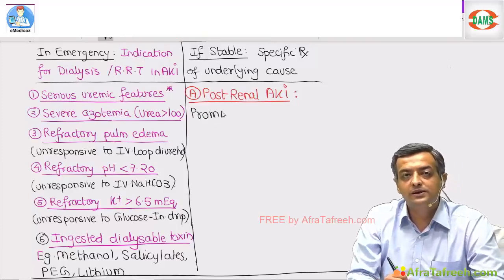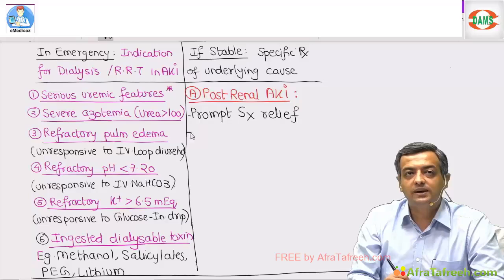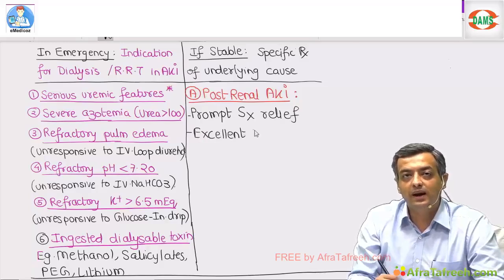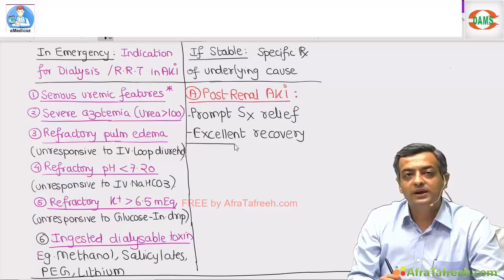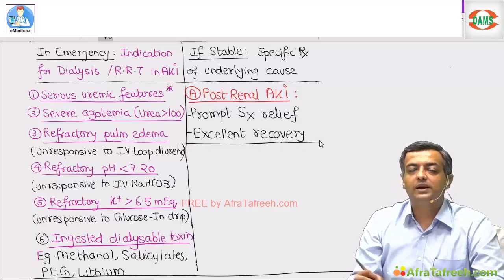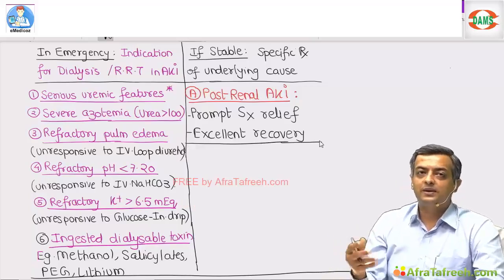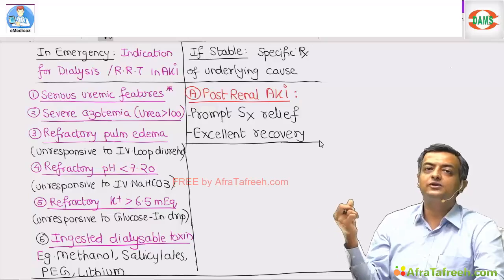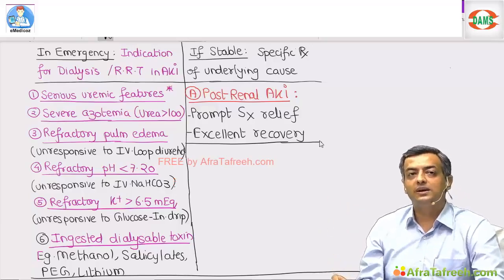Prompt surgical relief of obstruction, which is associated with excellent recovery and excellent prognosis. Because, as we studied, the collecting system is only a physical conduit. There was an obstruction, it was opened, and kidney function returns to normal.